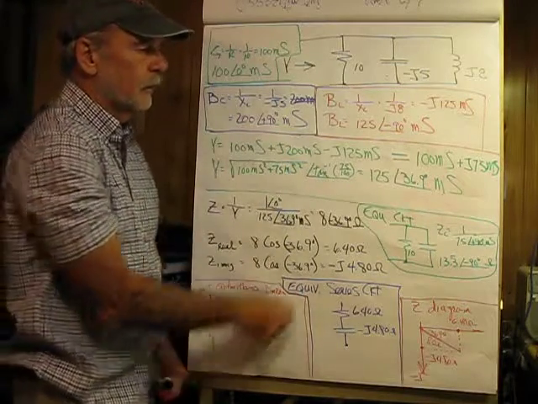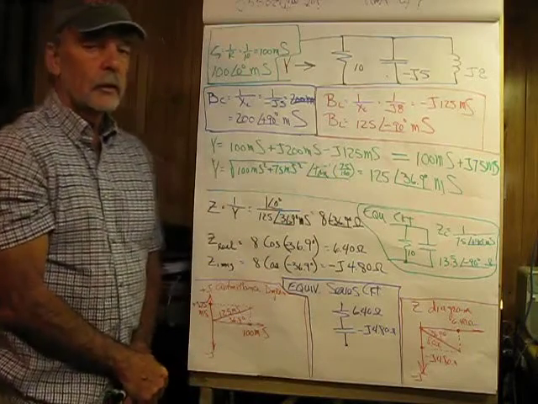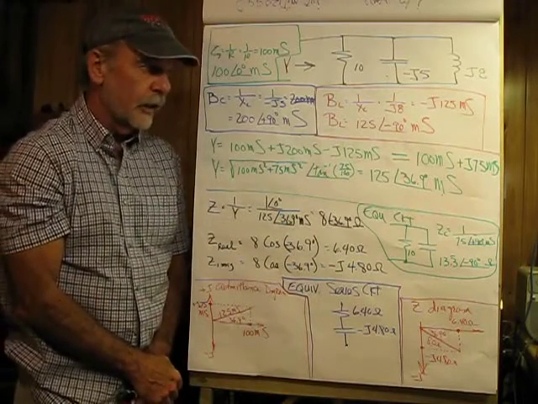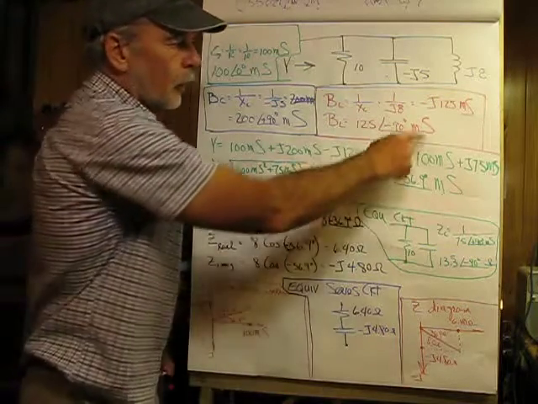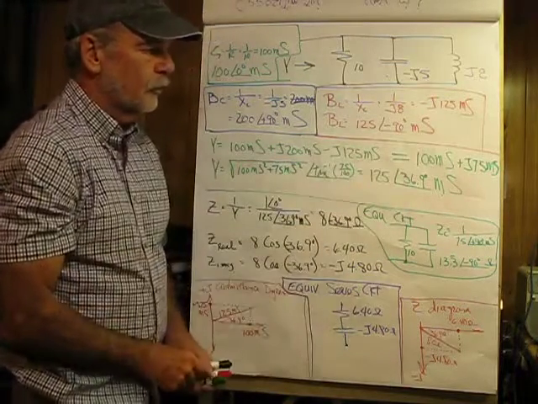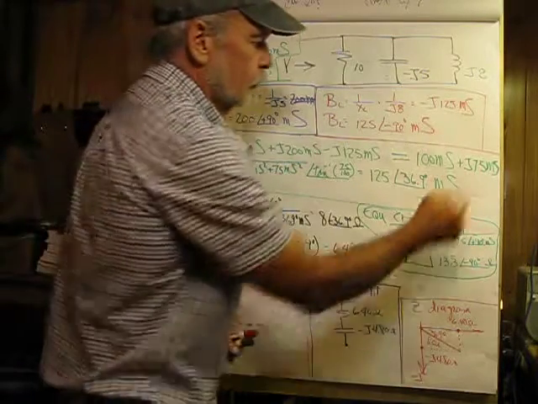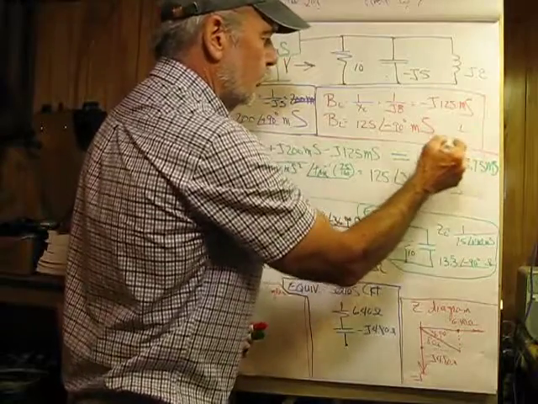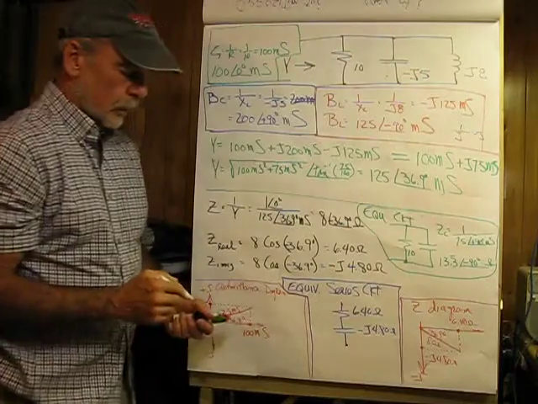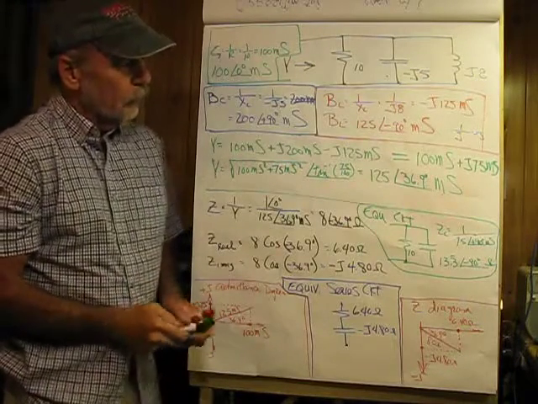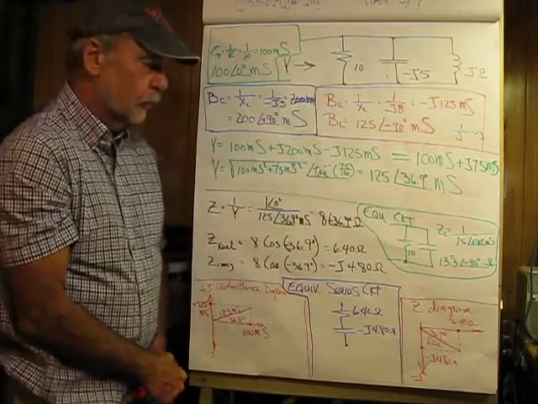Lastly, the inductive susceptance is 1 over the inductive reactance, 1 over plus J8, and that comes out to be negative J 125 millisiemens. And if you need to see the math on that, the reciprocal of J, 1 over J, would equal negative J. Anyhow, that in polar form is 125 at negative 90 degrees millisiemens.